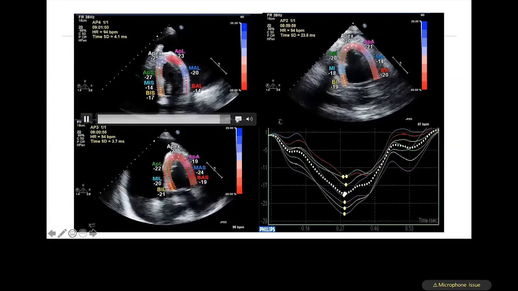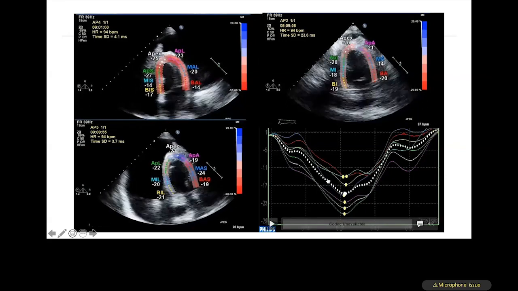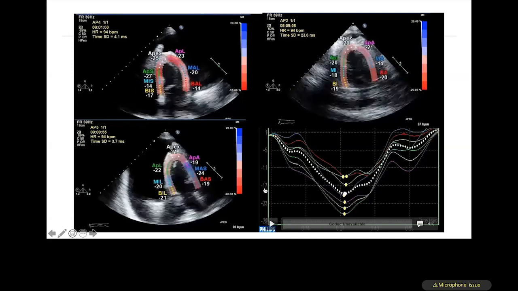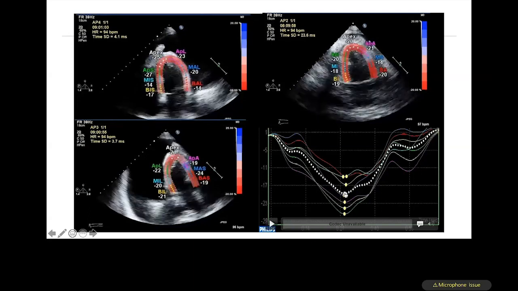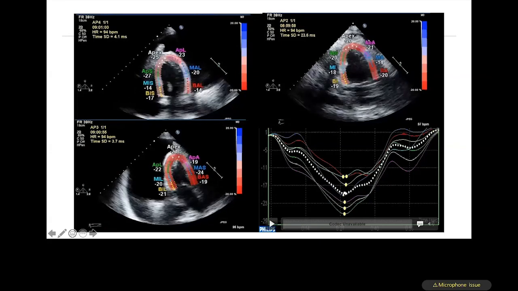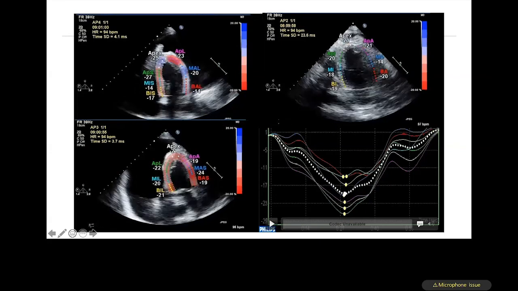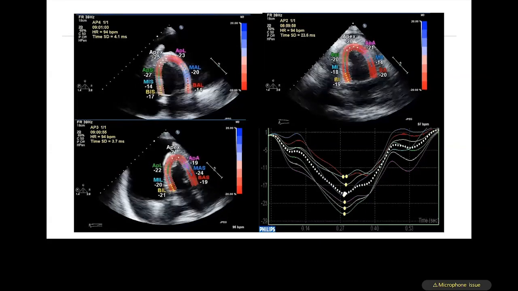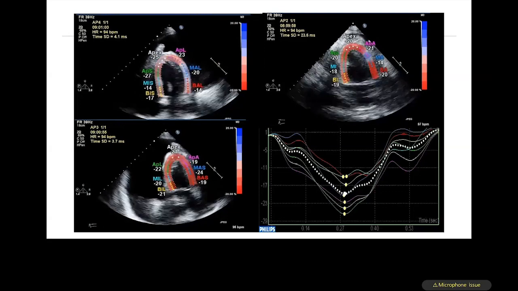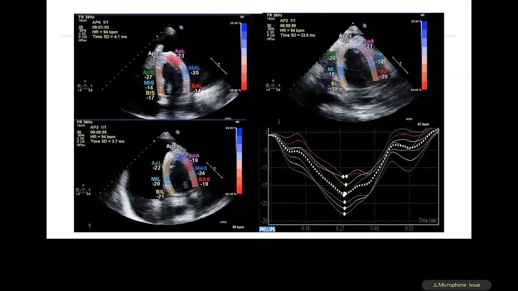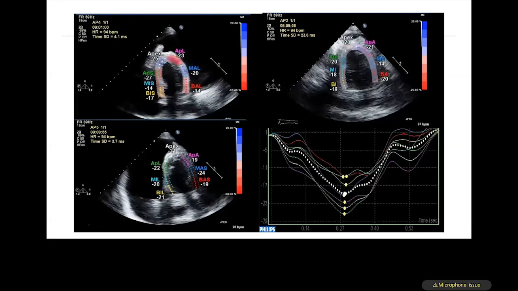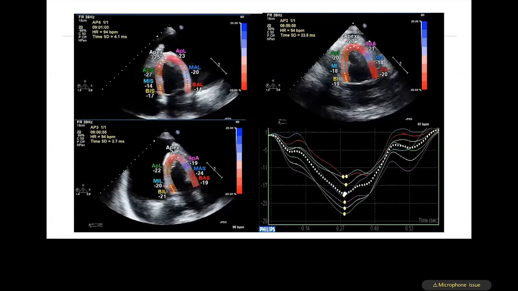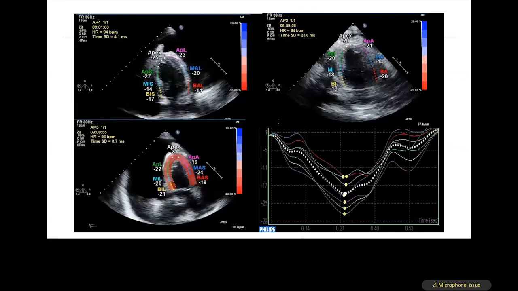So the longitudinal deformation is still relatively preserved. This is minus 17, so you can see it's very close to minus 20. The longitudinal strain of this ventricle, despite the challenged environment of heart failure, is very near normal.